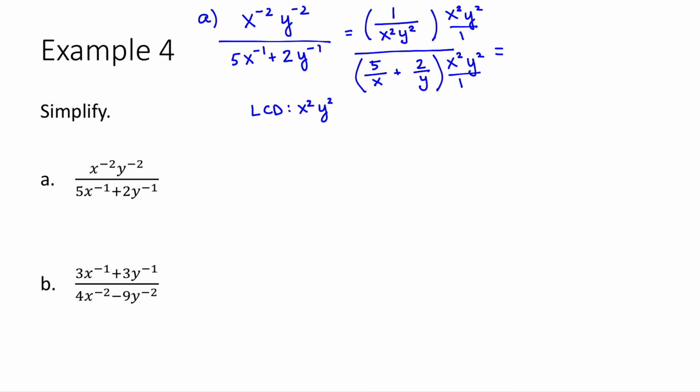And in the numerator, we have 1 over x squared y squared times x squared y squared. That just equals 1. In the denominator, I have 5 over x times x squared y squared over 1 plus 2 over y times x squared y squared over 1.